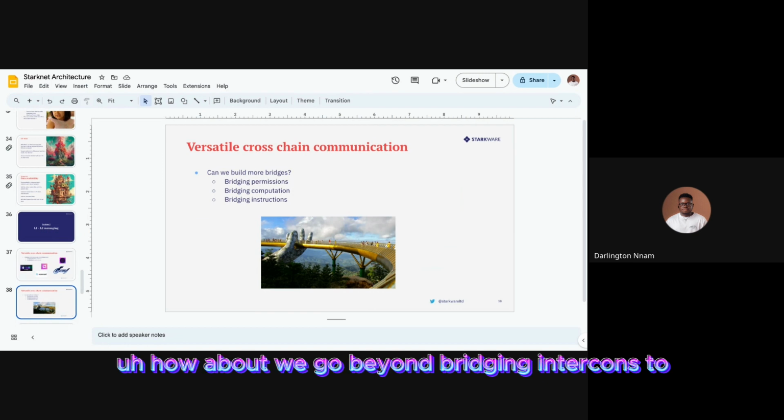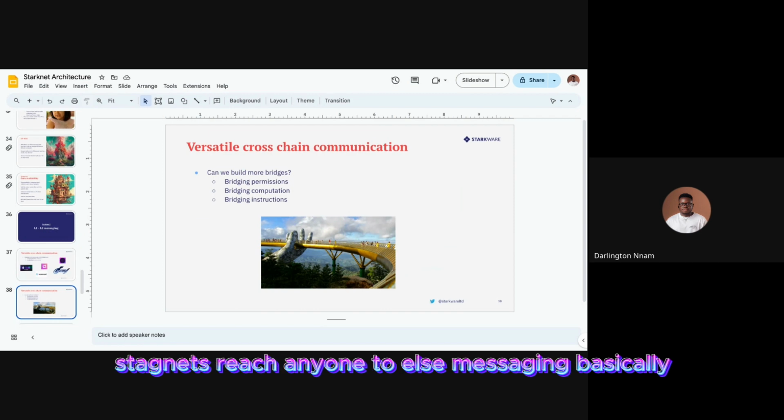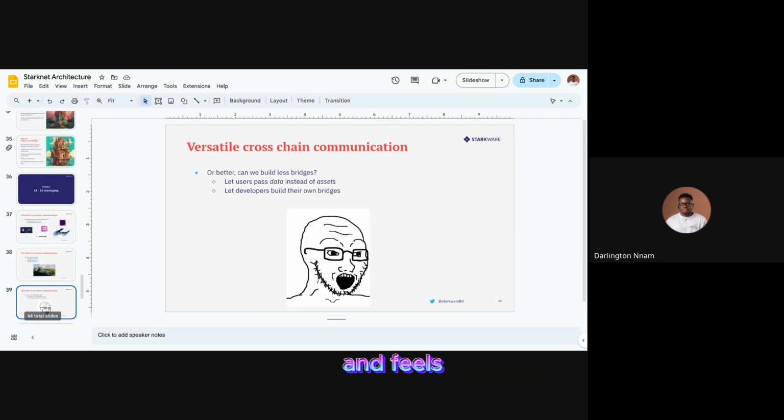How about we go beyond bridging tokens to bridging permissions, being able to bridge computations, being able to bridge instructions, basically being able to pass logic information, etc., from one chain to another. This is what Starknet's L1 to L2 messaging basically entails.